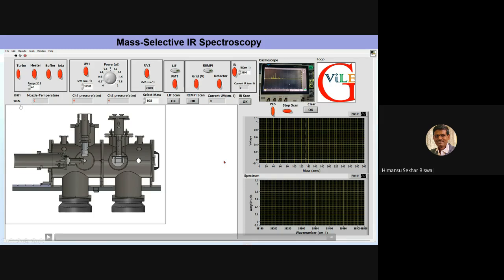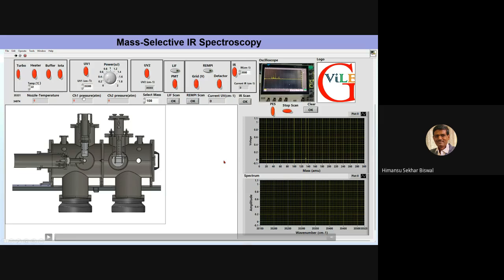First of all, if your sample doesn't have sufficient vapor pressure, then you have to heat it. We can set the temperature and heat; that's what we call the nozzle temperature. If I switch on the turbo, this vacuum pump, I can look at the chamber pressure.